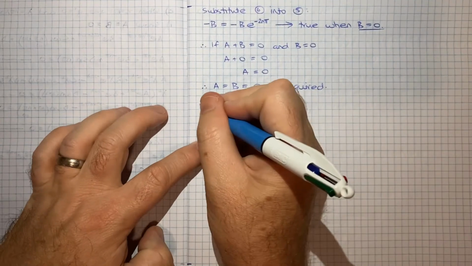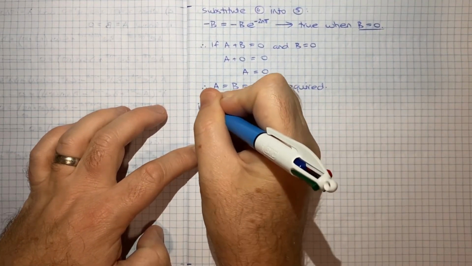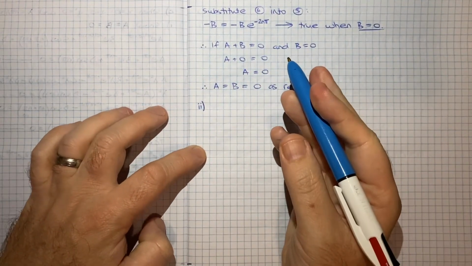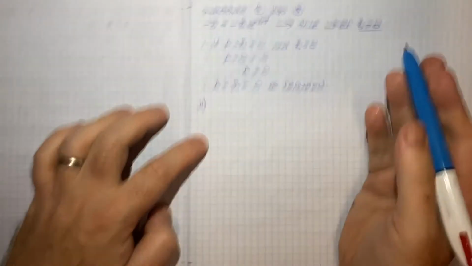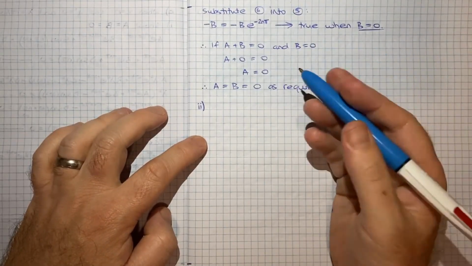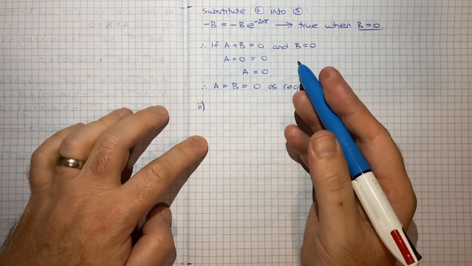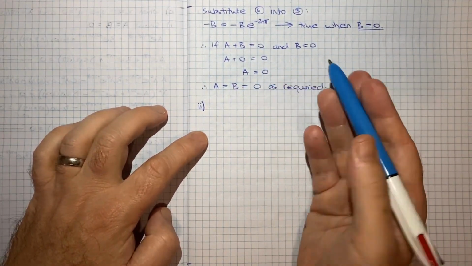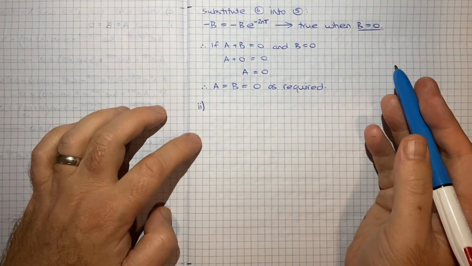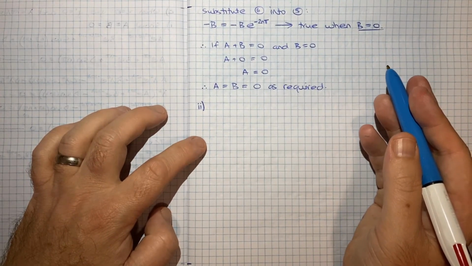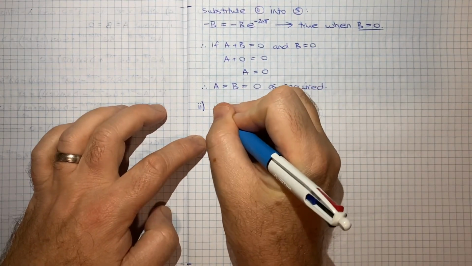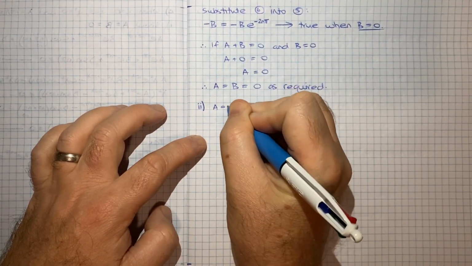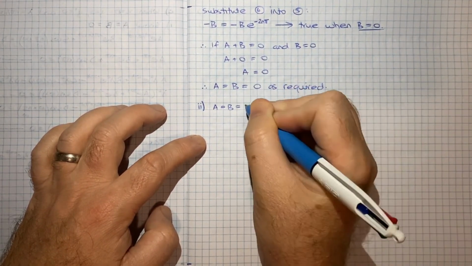Alright, now that brings us to part 2 of this part C, which wants us to basically find what y simplifies to under these initial values, the IVP, the initial value problem. So we know a is equal to b, which is actually equal to c.